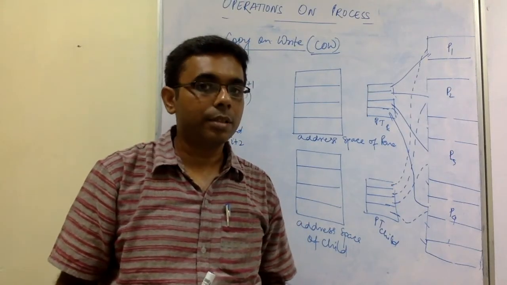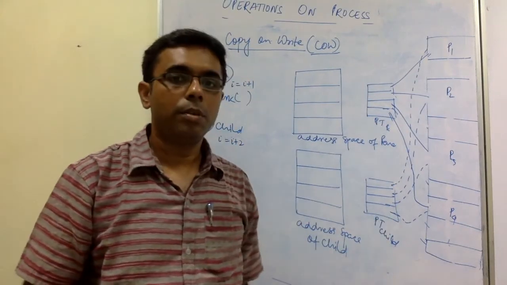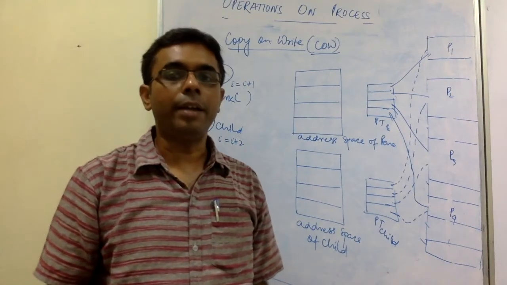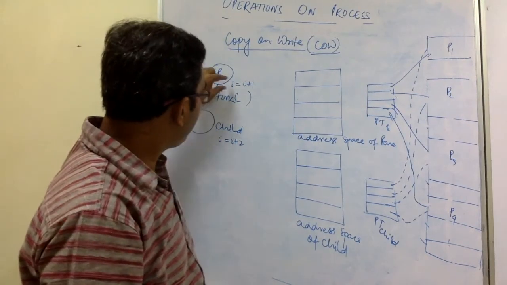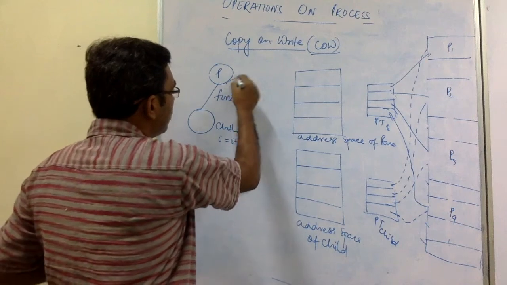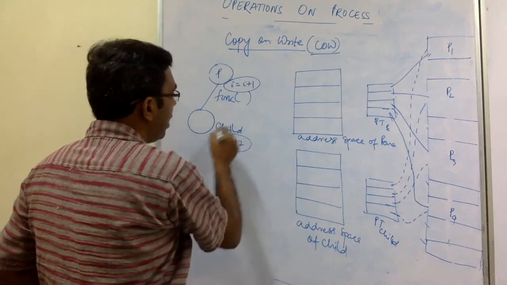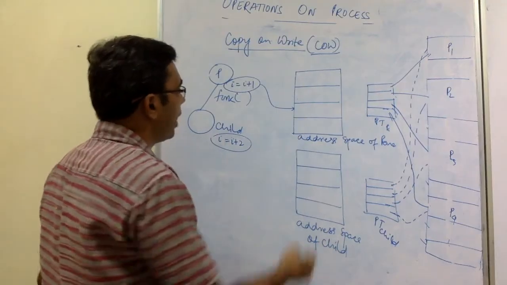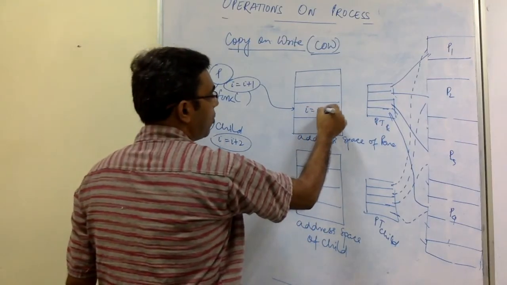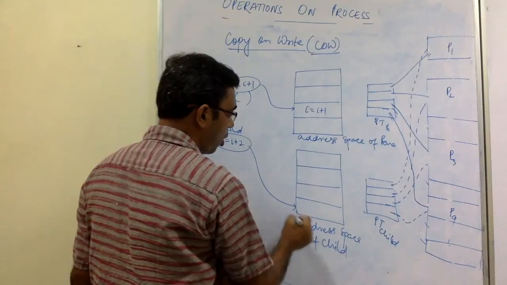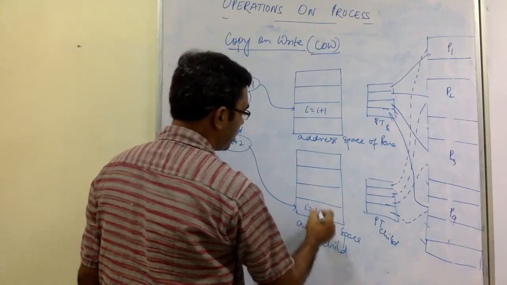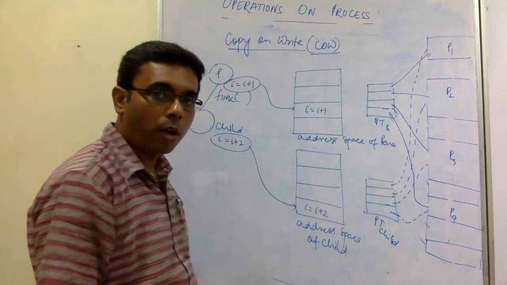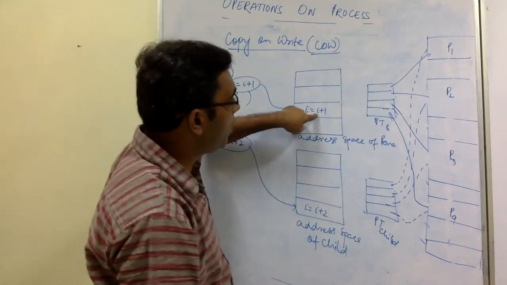In that case, there will be a problem. So what we'll do then is, we'll look at the page corresponding to this change in the variable and identify that page. Say, for example, this is the page where this updation of I happens, and this is the page of the child where this updation happens. So accordingly, those pages will be identified.